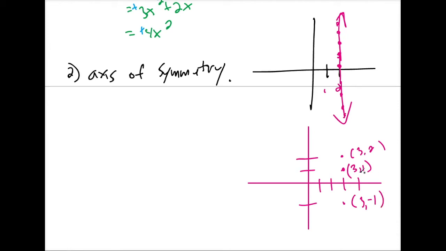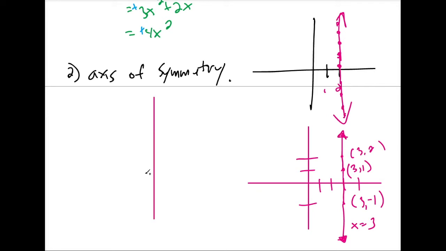So you can draw a line through all of these points, and they all have something in common. What do all three of those points have in common? 3. As far as x or as far as y? X. So the equation of this line is x equals 3.